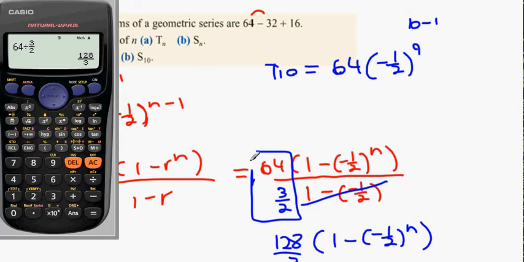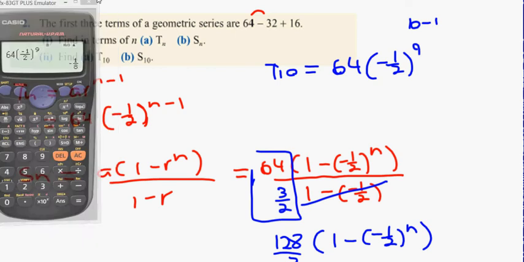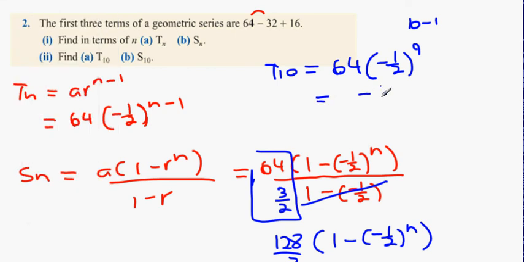So 64 by minus a half to the power of 9. What we get there is minus 1/8. Okay, so minus 1/8.